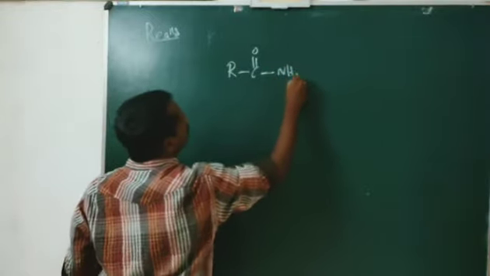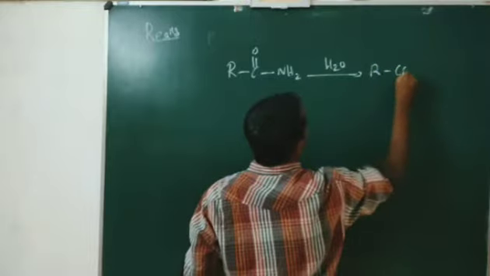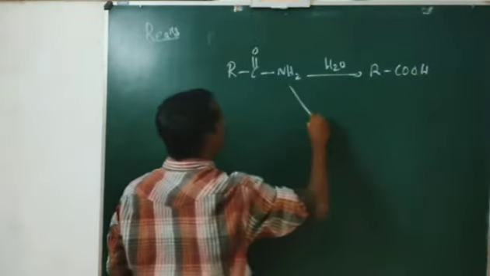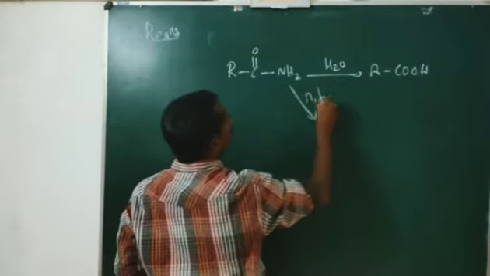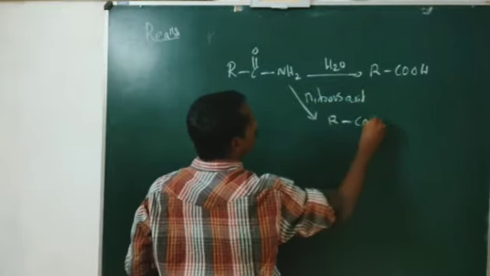Reactions. RCONH2 on hydrolysis with H2O gives RCOOH, carboxylic acid, or on reaction with nitrous acid, again we get carboxylic acid.